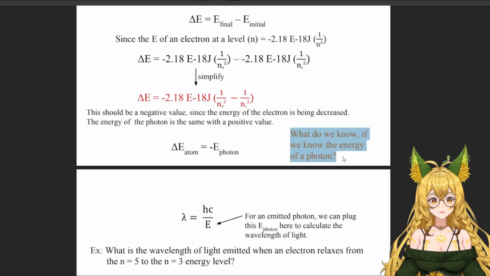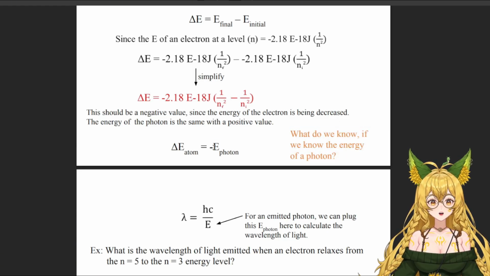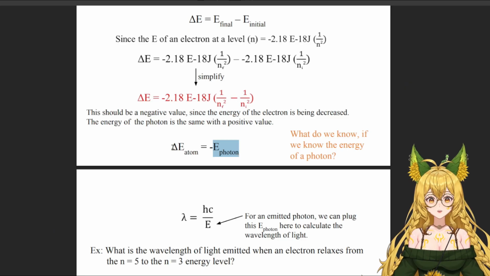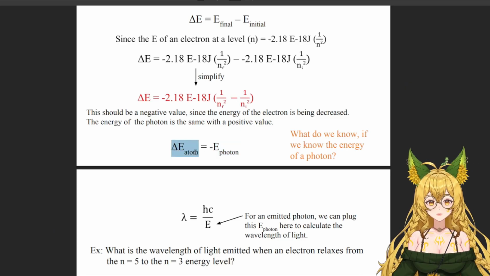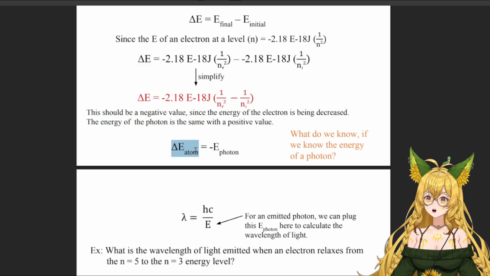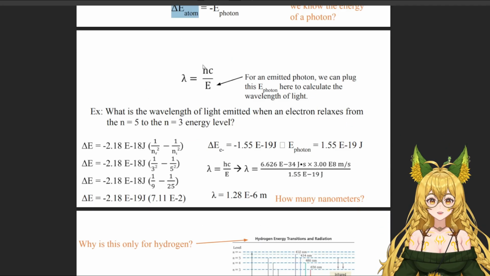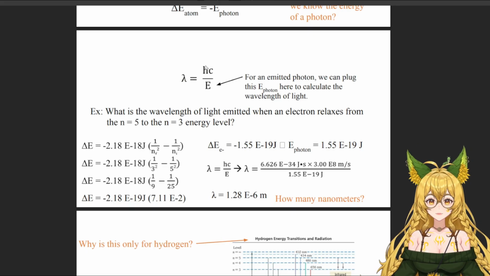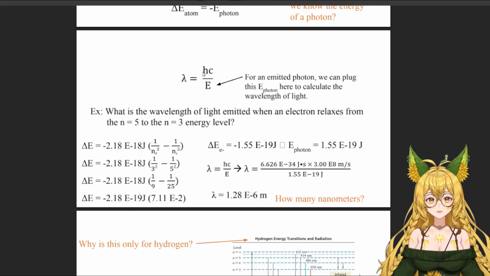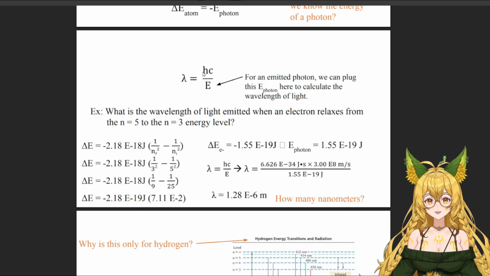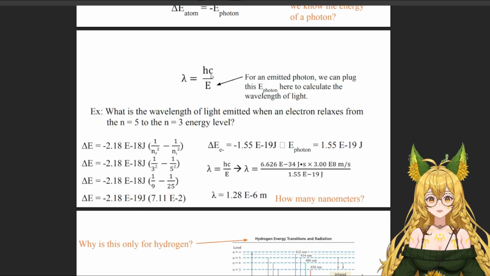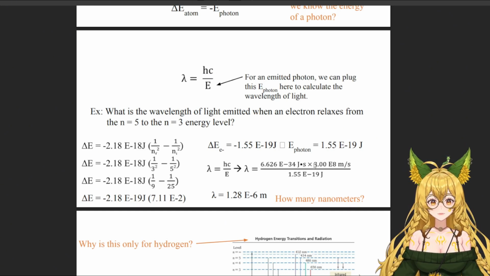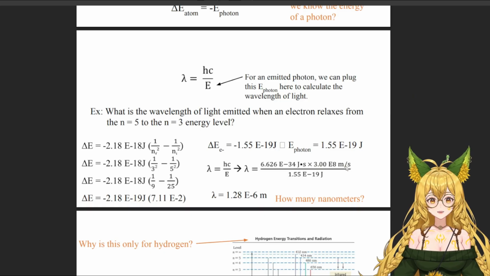What do we know if we know the energy of a photon? Well, if we know the energy of a photon, we know the energy of an atom, right? And we can take that further and find other things with the energy of the atom. So now we have this: wavelength equals Planck's constant, and remember, Planck's is spelled P-L-A-N-C-K, times c, which is the speed of light, the 3.00 E8 meters per second.